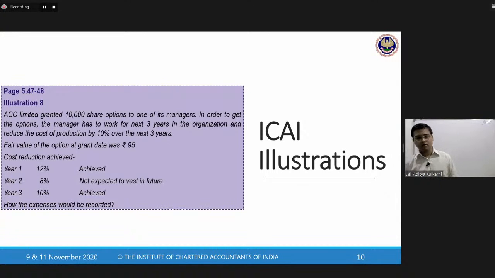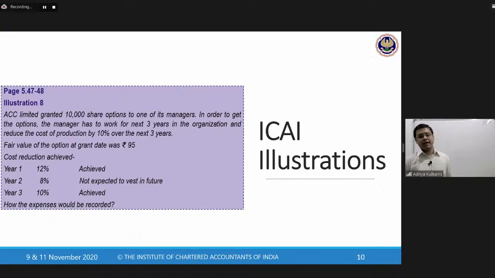At the end of year 3, 10% is the cost reduction achieved. If you look at the average over the 3-year period, 12% first year, 8% second year, 10% third year, 30 divided by 3, 10% per annum, you have achieved a reduction in cost of production. So these options have actually been met.